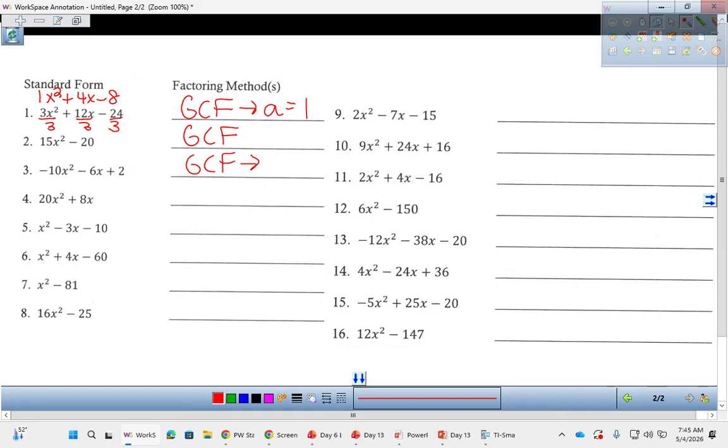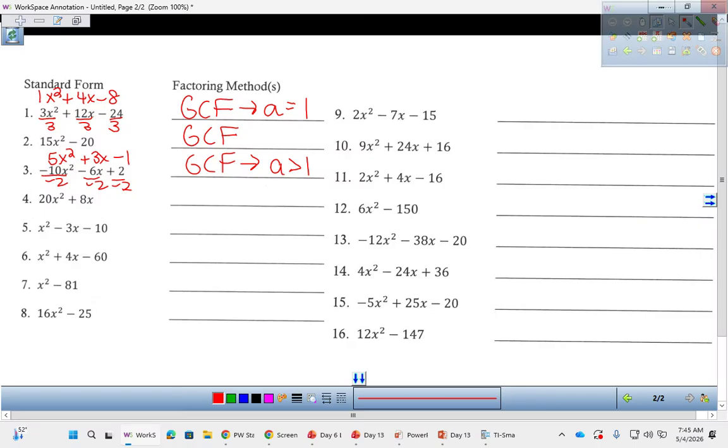Now, the first number is negative, so it's actually going to be a negative 2 that I can divide out. And when I do that, I get 5x squared, negative divided by a negative, positive 3x. 2 divided by negative 2 is negative 1. A equals 5. And that's greater than 1. So this is a GCF to an A is greater than 1.